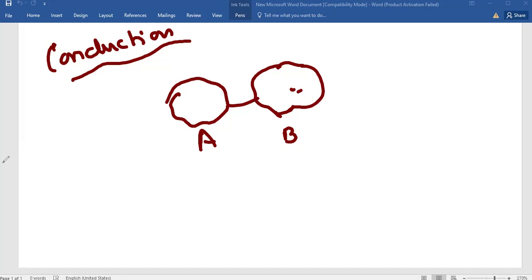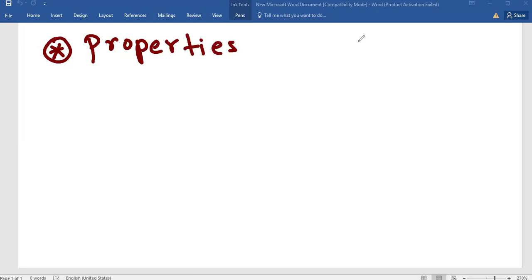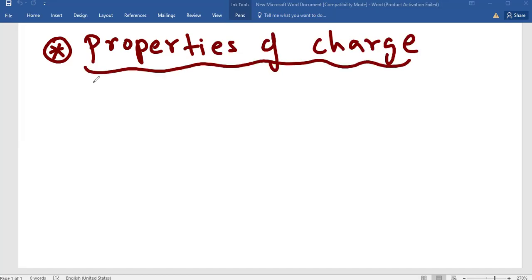Now, having said this, let us look into the properties of charge. Although there are many properties, we will see some of the basic ones. First of all, charge is a scalar quantity, so no need to worry about its direction.